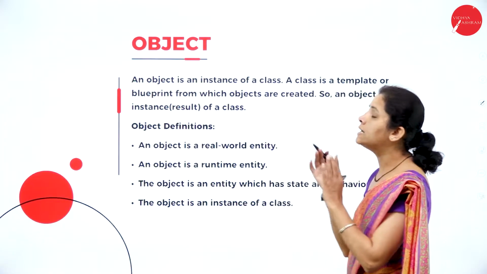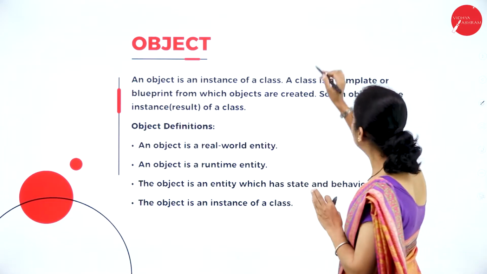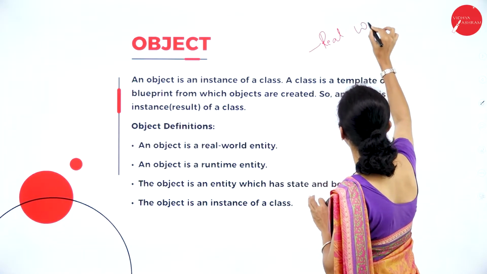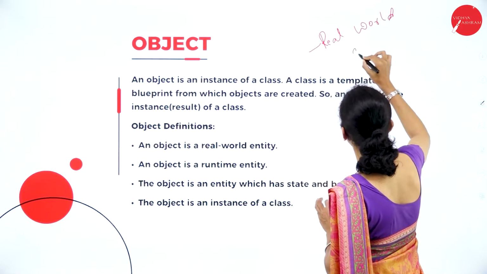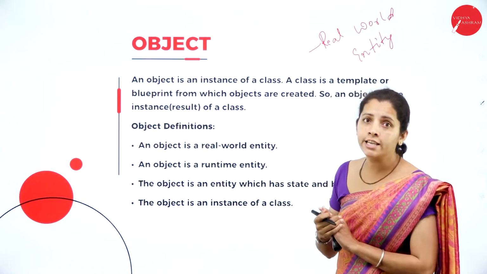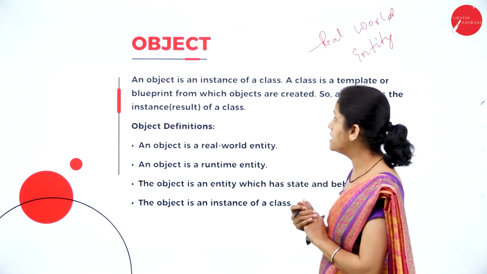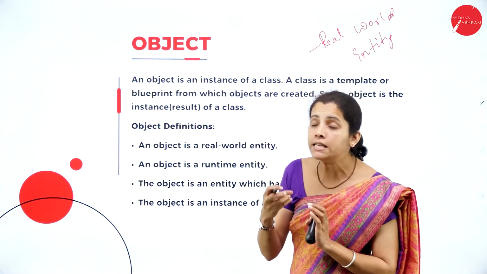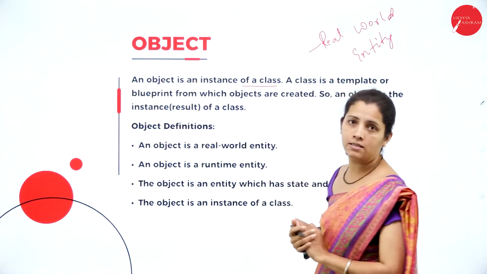Now, what is an object? An object is nothing but a real world entity, which is going to have the state as well as behavior. So here, an object is nothing but the instance of a class.